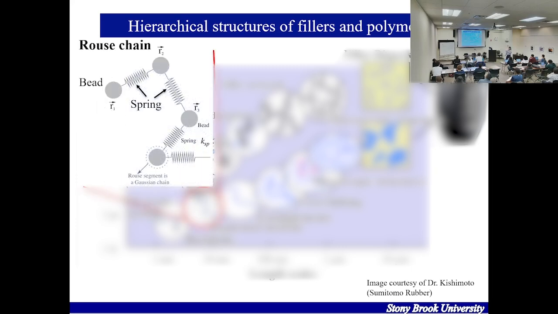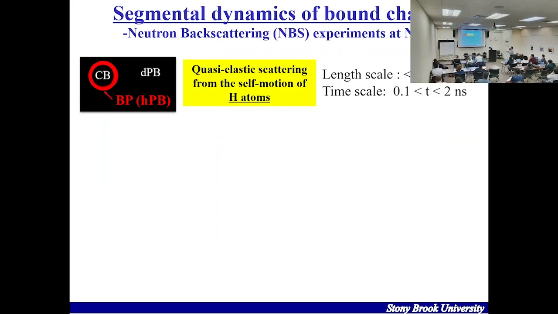So again, start with the loss. As Madhu said yesterday, we used the neutron backscattering experiment. We use exactly the same system, but with a hydrogen component, so we can see the signal from the H that comes from the bound rubber.